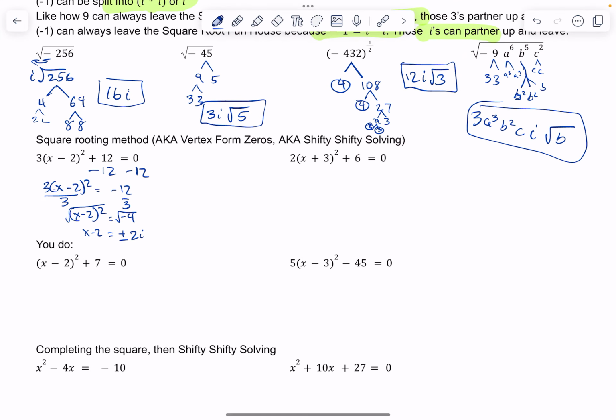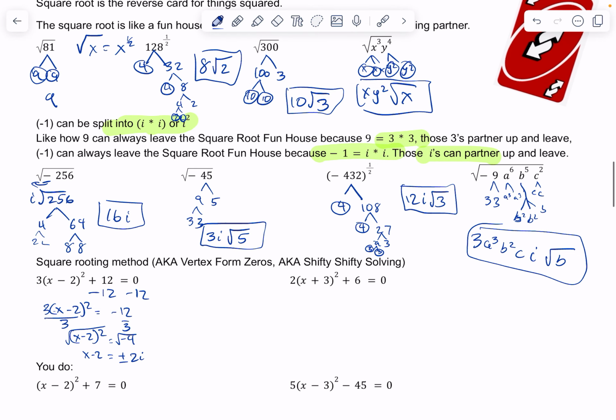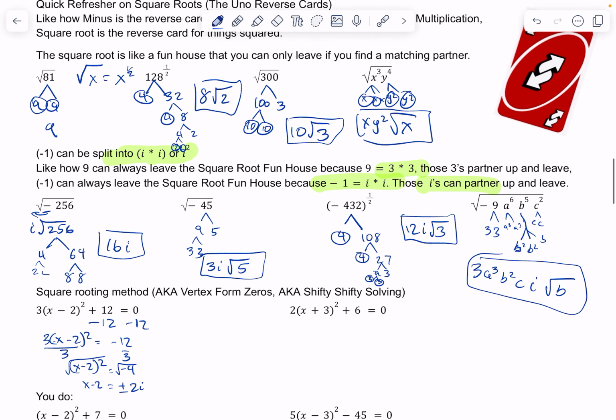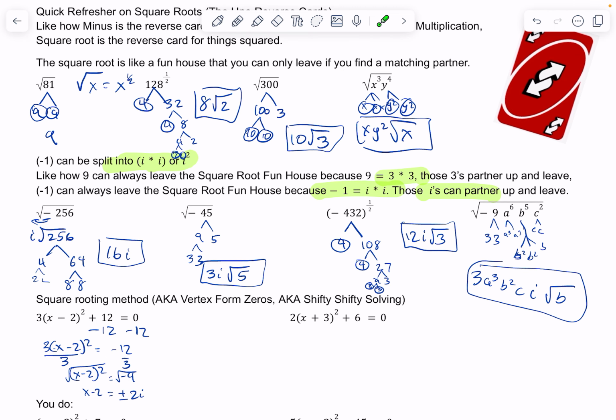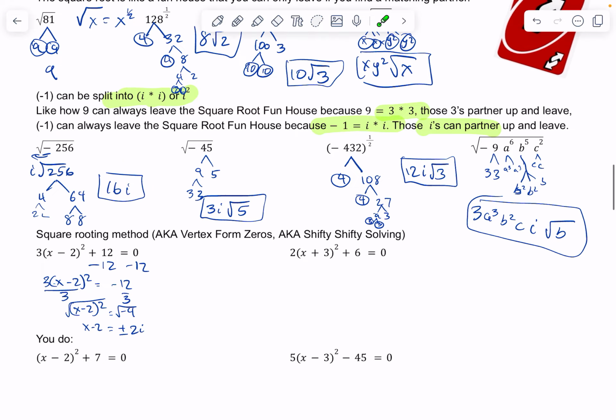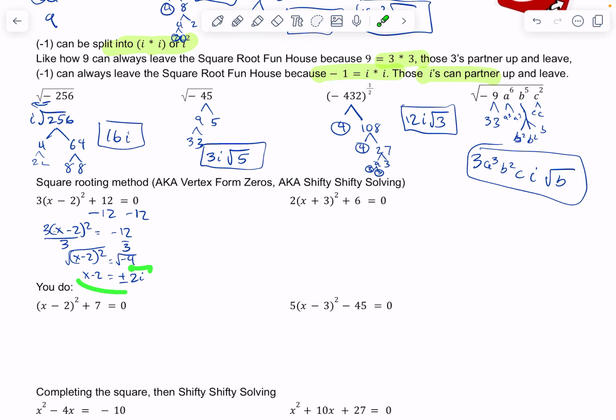I just wanted to point out this is positive negative because when you take the square root of a square, like x, then it's positive negative. If you're just doing the square root of something, you're giving me the natural number. So I didn't need to give positive negative up here. These I don't need to give positive negatives, but this you do because it's coming from this side.